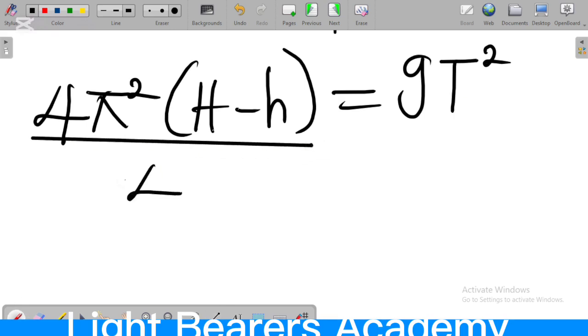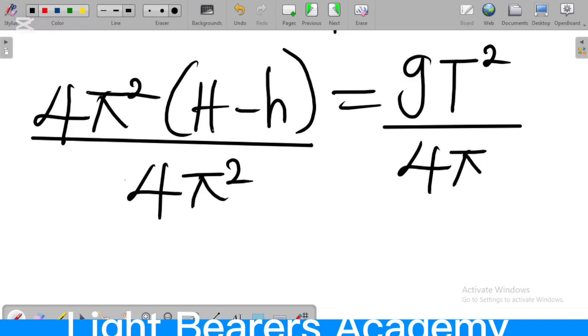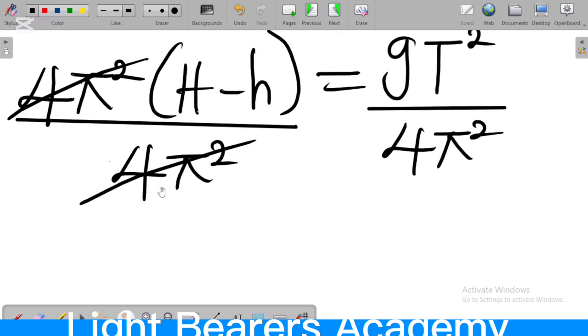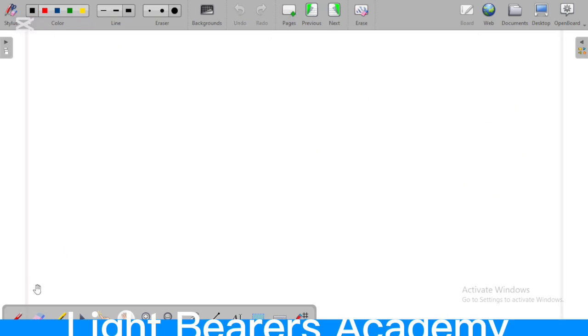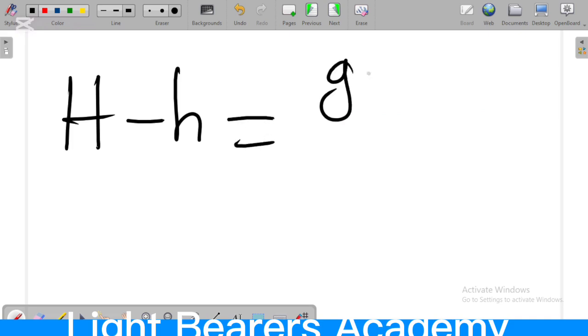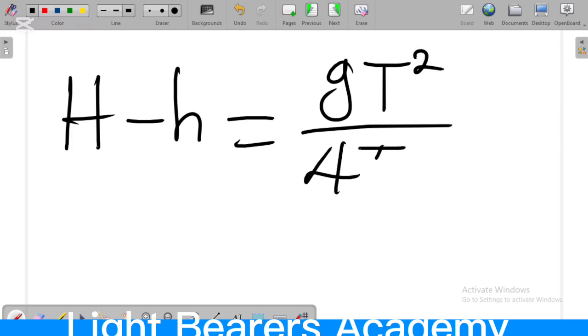So 4 pi square here cancels 4 pi square. We are left with capital letter H minus small letter h is equal to gT squared all over 4 pi square.